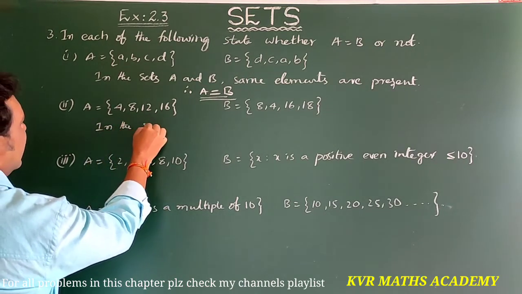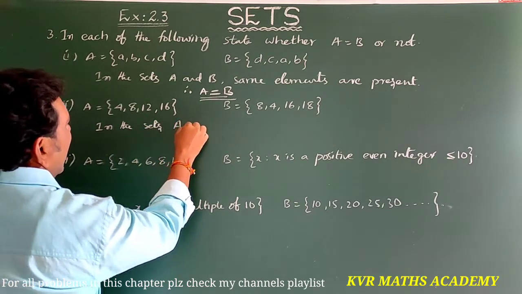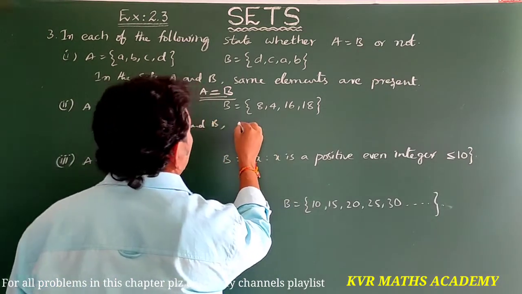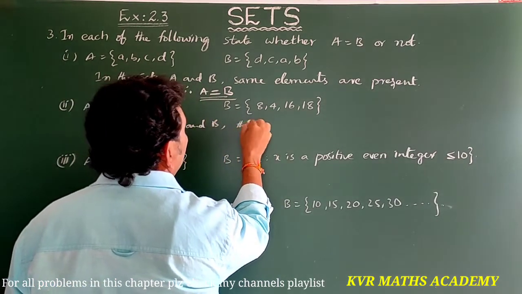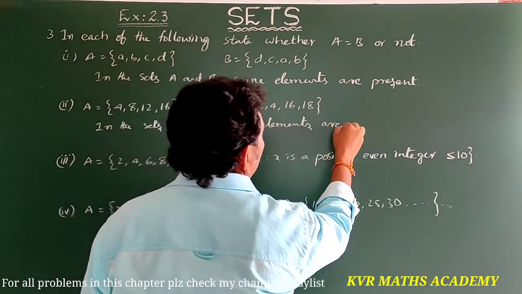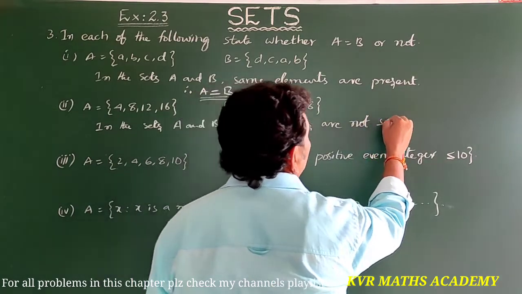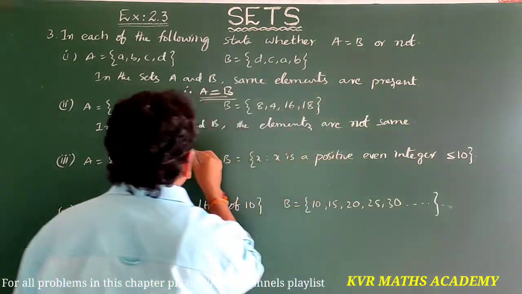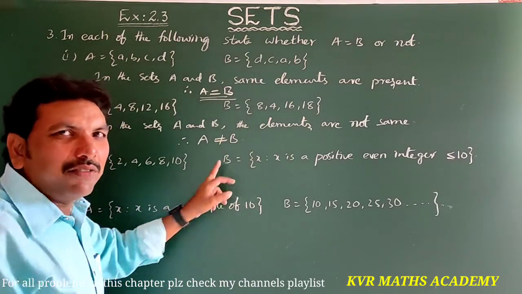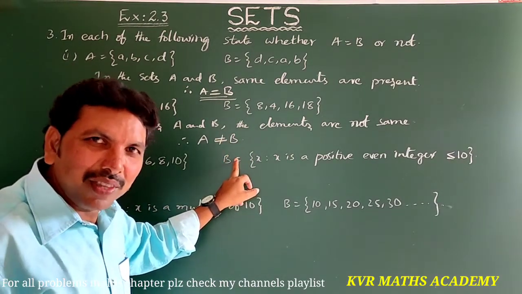In the sets A and B, the elements are not same. Therefore, A is not equal to B.